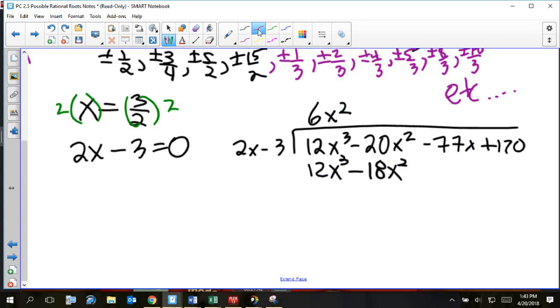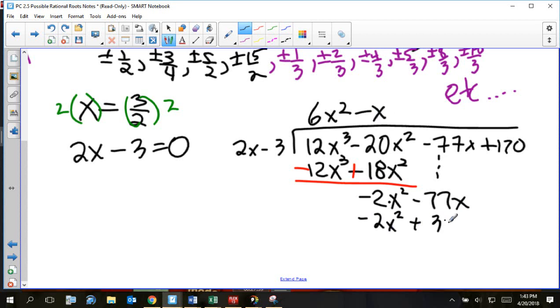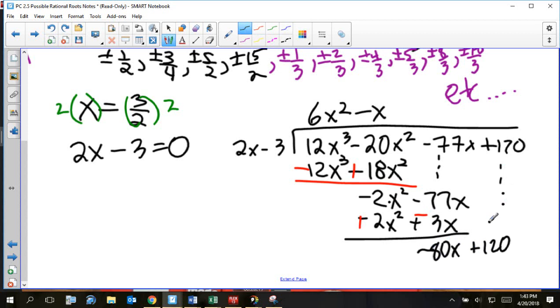So we divide, we multiply, subtract, run on down, repeat, divide, multiply, subtract, run on down, divide, yes, -3, multiply, subtract, and that has a remainder of 0.